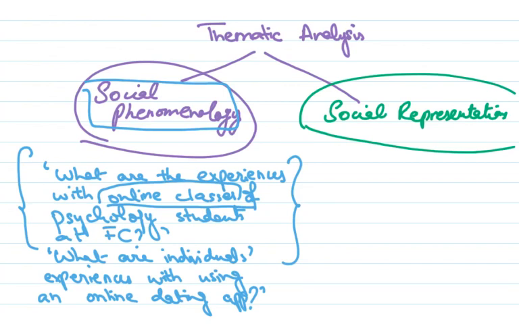Again, that looks at how people are experiencing a particular phenomena. The phenomena here, again, is using an online dating app, and you're interested in how people are experiencing this phenomena, right? So that's what social phenomenology looks at. It looks at how a particular phenomena is experienced by individuals.